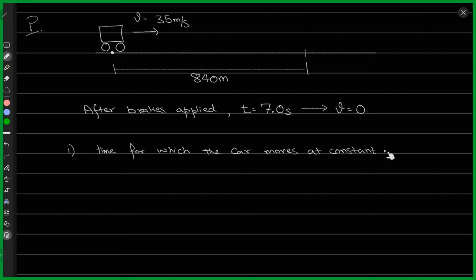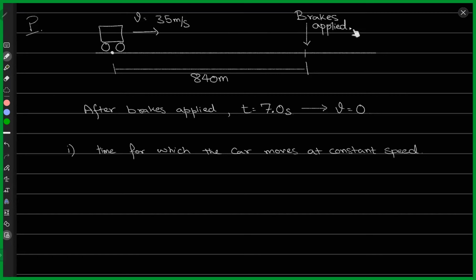So we need to figure out for how long the car was moving at a constant speed, which means we want to find out the time before the brakes were applied. From this starting position to the position before the brakes are applied, because the brakes are applied at this point after 840 meters. This is the point where the brakes are applied.